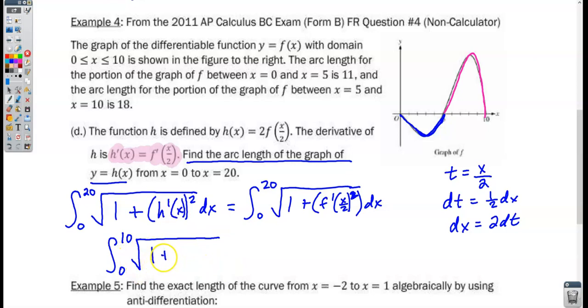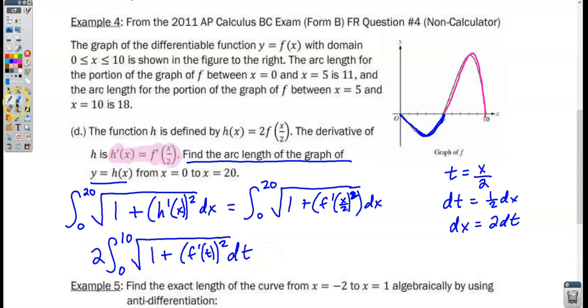This becomes the square root of 1 plus quantity f prime of t, quantity squared. And then dx is equal to 2 dt, so I can put the 2 out in front here and make this dt.